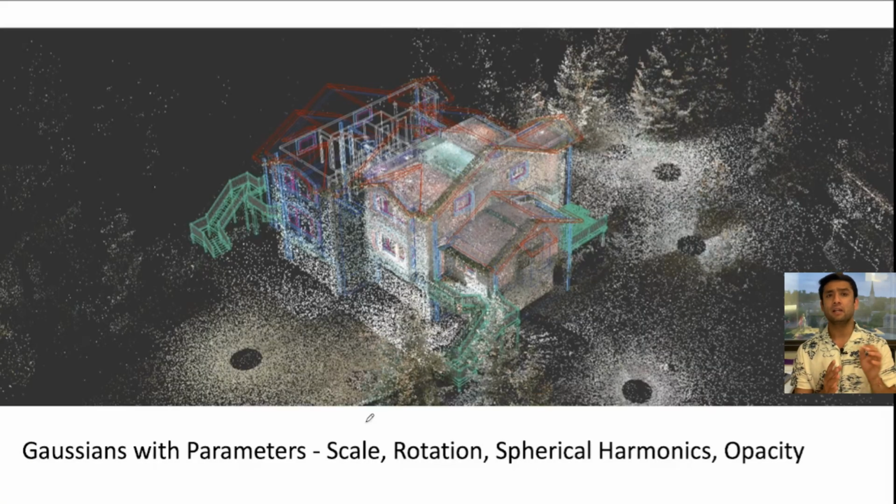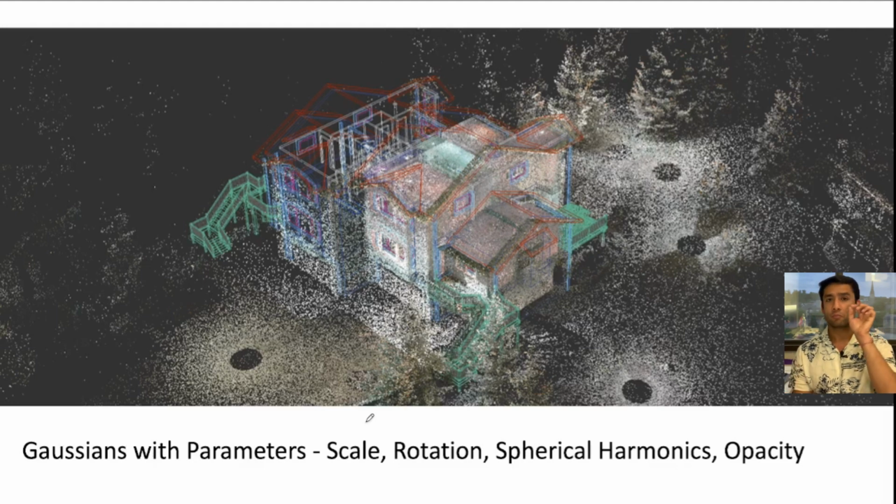So before we begin, let's talk about what Gaussian splatting entails. Let's take a step back and see exactly what Gaussian splatting is, or what the main building block of Gaussian splatting is. The main building block of a Gaussian splat algorithm is the Gaussians. Now, what are these Gaussians? You can think of it for simplicity as just a point cloud.